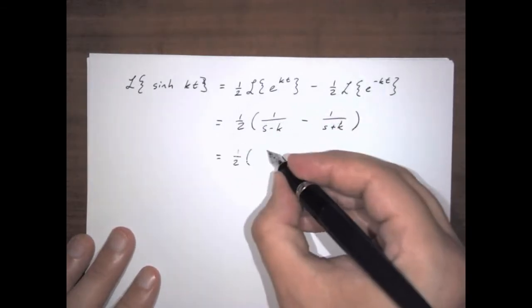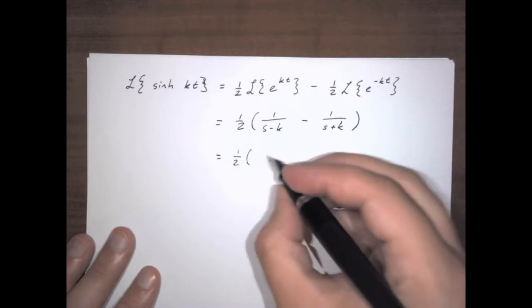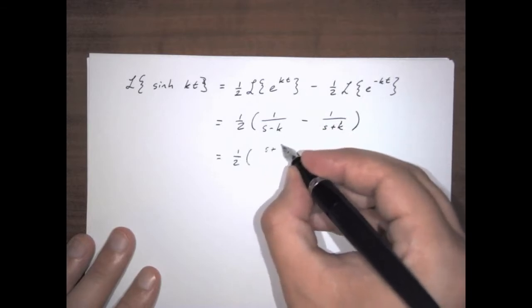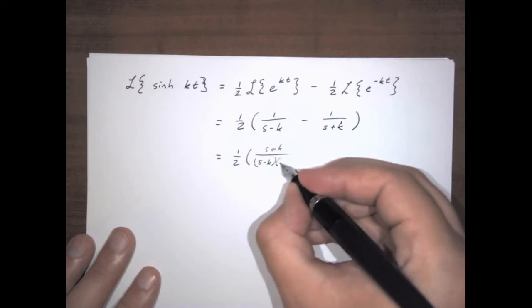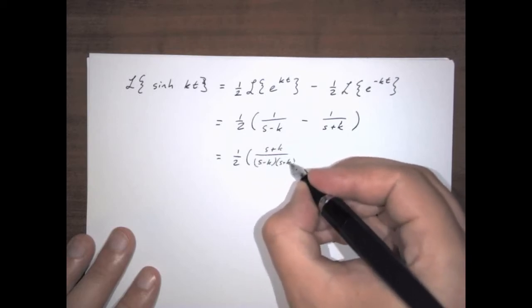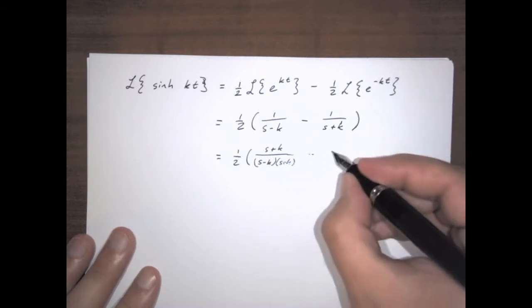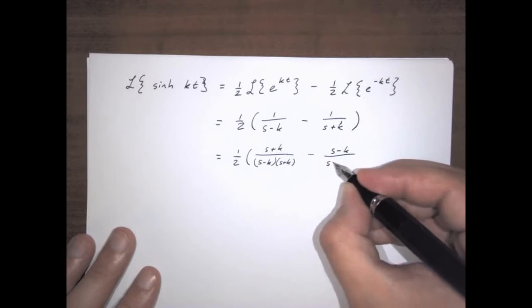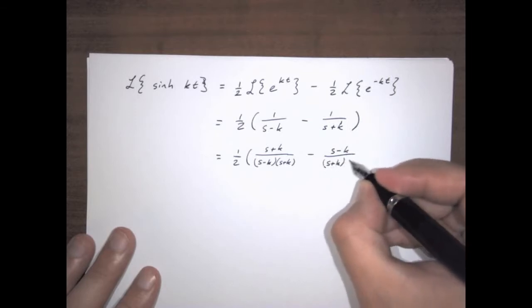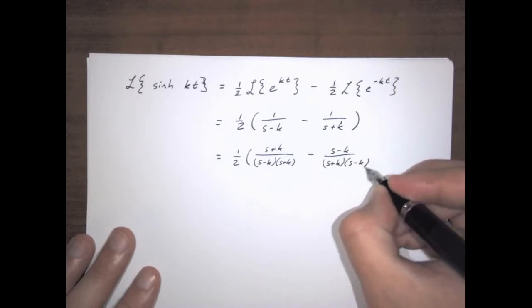So combining like terms, finding a common denominator, we're going to have s plus k over s minus k, s plus k, minus s minus k over s plus k, s minus k.